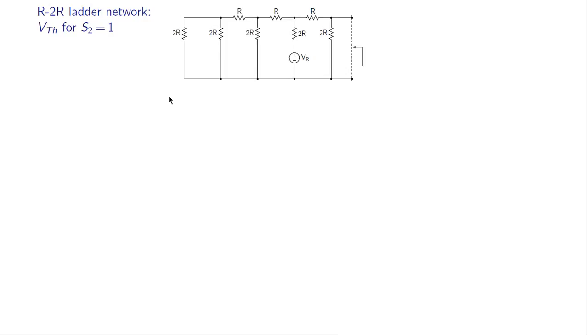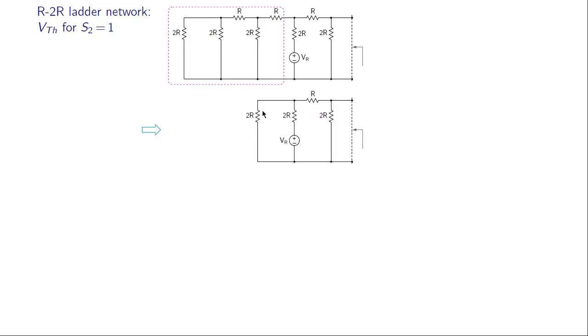Next, let us consider S2 equal to 1 and all other bits equal to 0. So the voltage supply is here now. To begin with, we can combine all these resistors. 2R parallel to R is R, R plus R is 2R, then 2R parallel to R again is R, and R plus R is 2R. So this entire network is equivalent to a single resistance 2R.